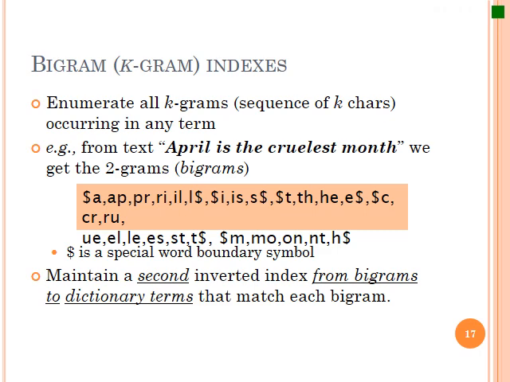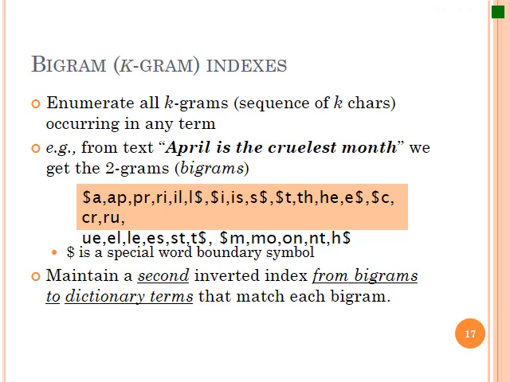To fix that problem, another approach is to use something called a bigram, or in general, a k-gram index. The idea is not to enumerate the rotations, but instead to get the k-grams, that is, the sequences of k characters from each and every term, and then index all these bigrams or trigrams.